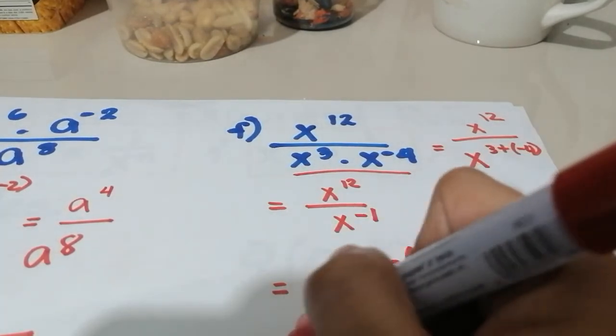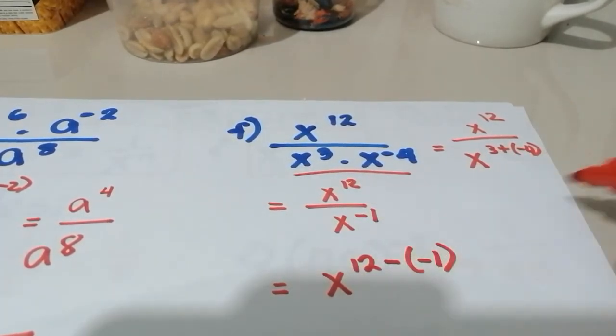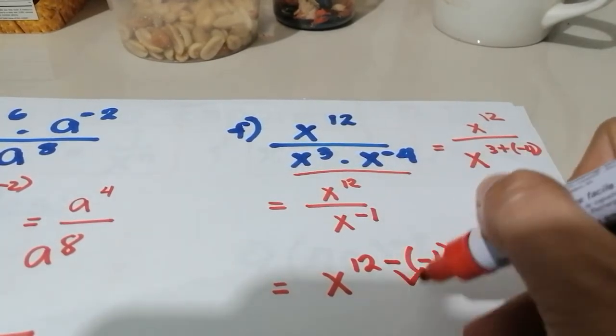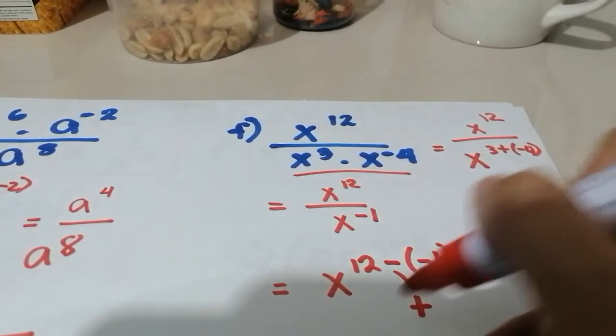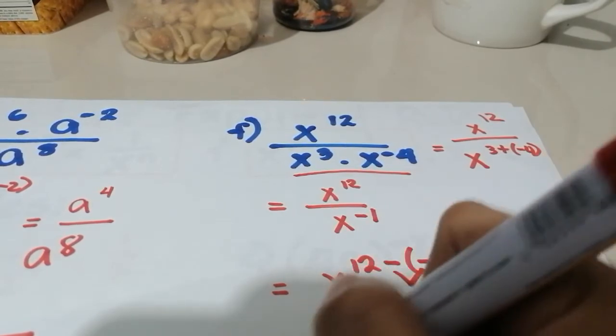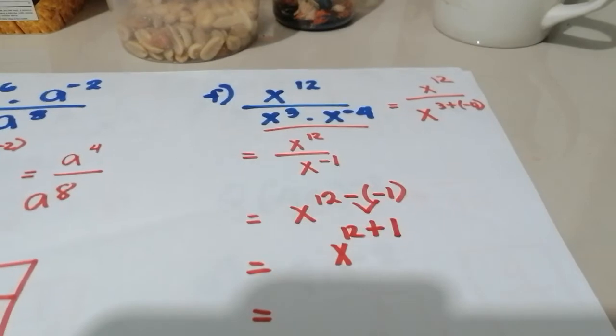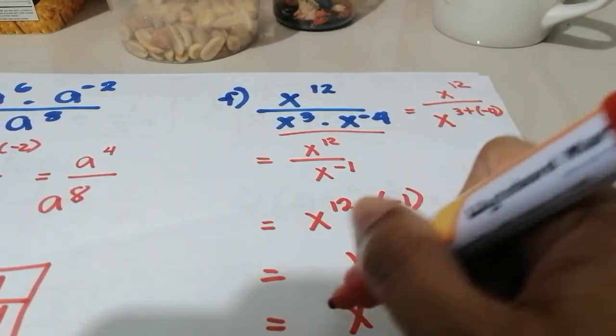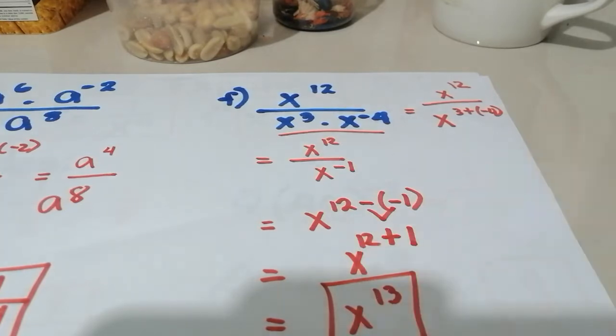Okay, so the rule here, if you have negative negative, what will be the final sign? That will be plus. Okay, so this will be x to the 12 plus 1. So the final answer here will be x raised to the 13th power. So this is the answer.